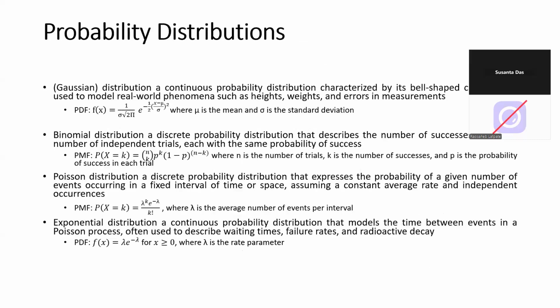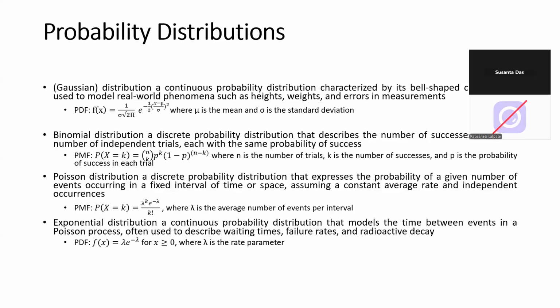Now, this is the PDF of the normal distribution. f(x) equals 1 by sigma times root 2 pi, e raised to the power minus half of (x minus mu) by sigma, squared, where mu and sigma are the mean and standard deviation respectively. Along with that, the binomial distribution describes the number of successes in a fixed number of independent trials, each with the same probability of success.